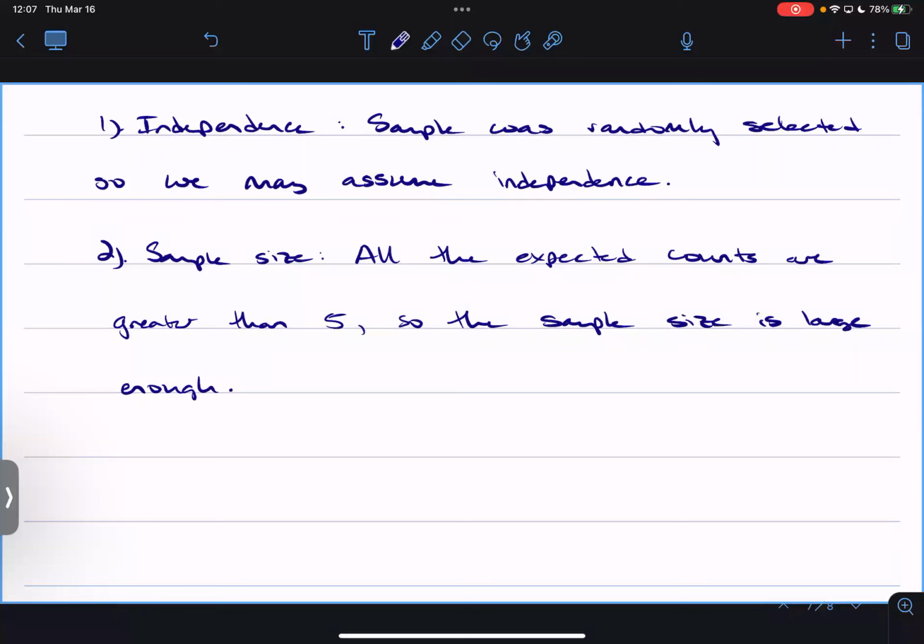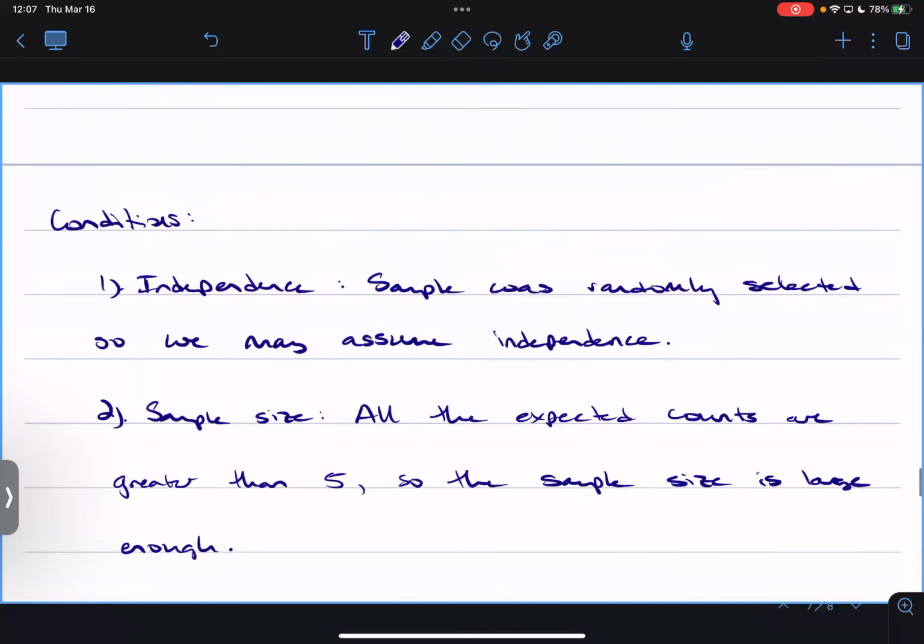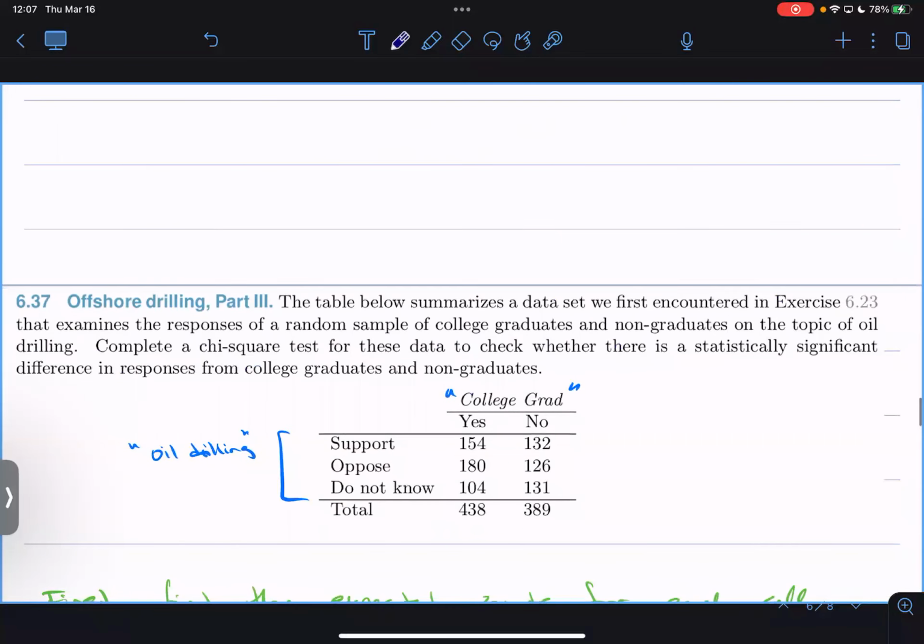Okay. Now we're ready to test this hypothesis, right? If we go back to the question, we wanted to complete a chi-squared test for these data. Notice that they don't tell you what kind, but they do kind of nudge you towards a chi-squared test for these data, to check whether there's a statistically significant difference in responses from college graduates and non-graduates.